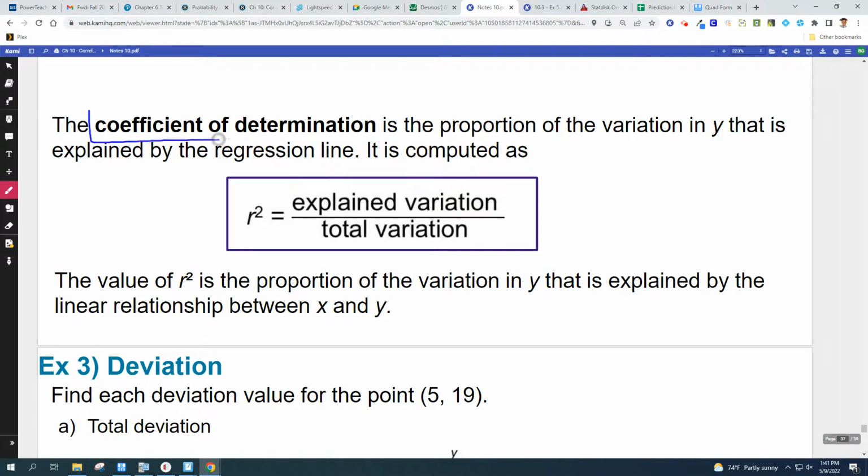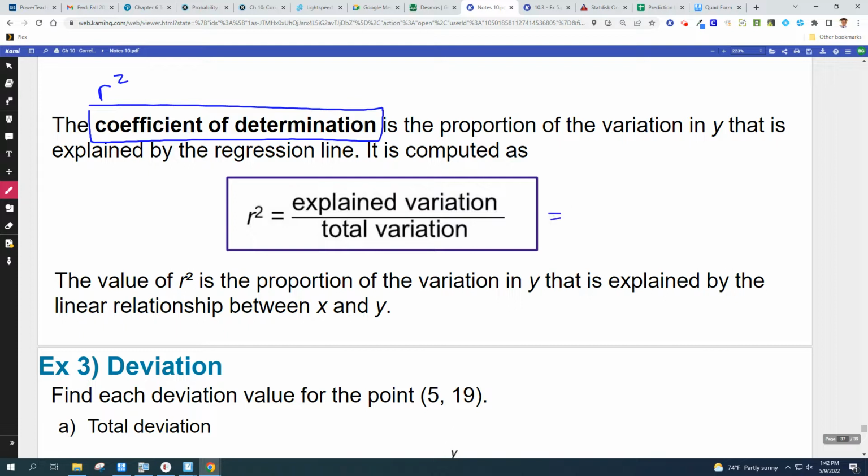The coefficient of determination is given by r squared. And that's the proportion of the variation in y that is explained by the regression line. I think that's hard to understand. You might want to read it again. It is computed as r squared equals explained variation over total variation.